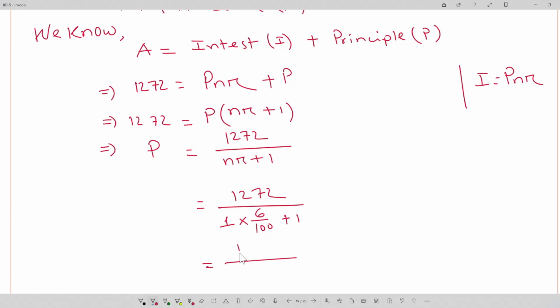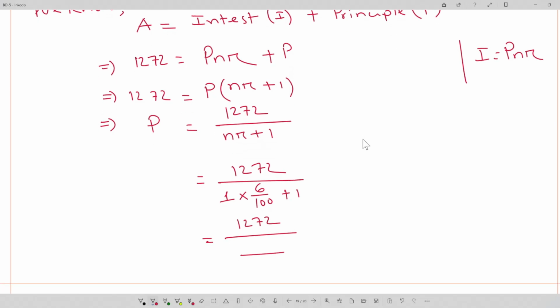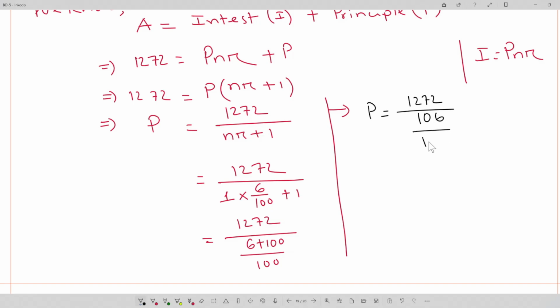Now 1272, and we can take the LCM. So here is 6 plus 100 divided by 100. Then we can write P equals 1272, and here 6 plus 100 is 106 by 100. Now in this case, the fraction will be flipped, so 100 by 106.